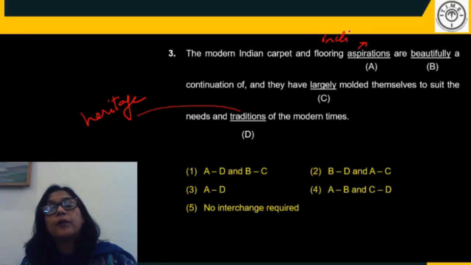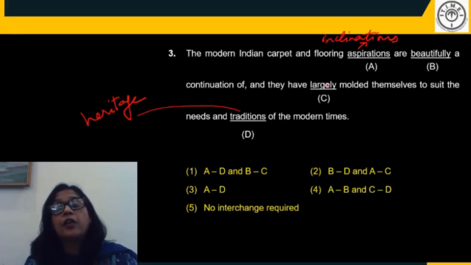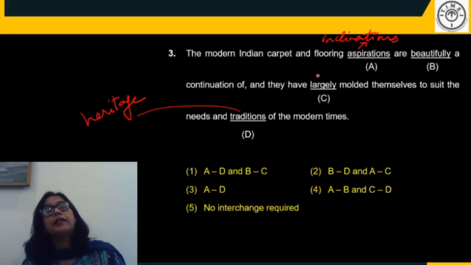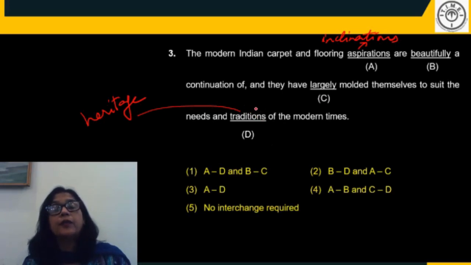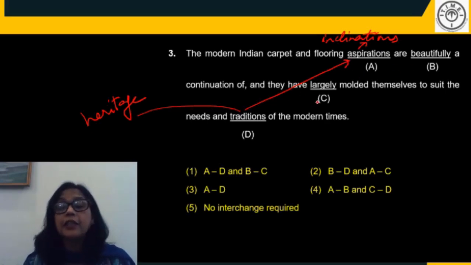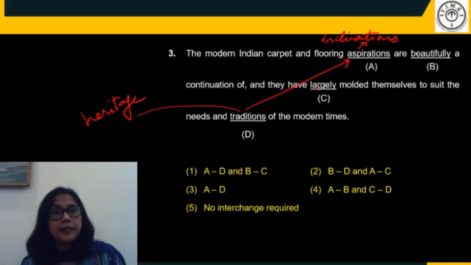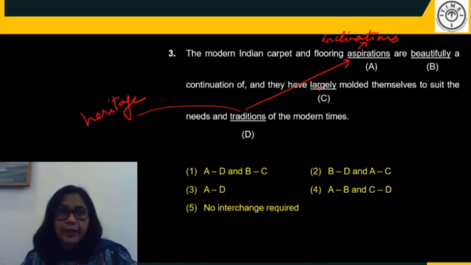Now, if you read the modern Indian carpet and flooring traditions, it goes well to interchange A with D. Traditions are largely a continuation of, where largely refers to something on a large scale, on a big scale.